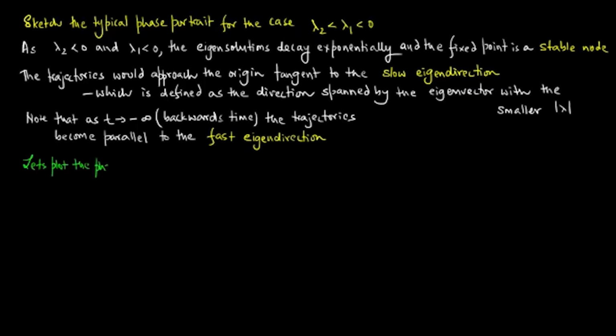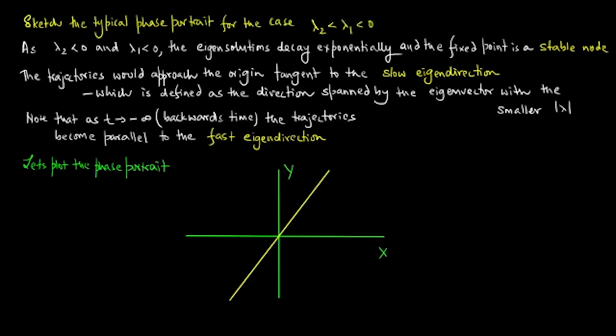So now let's plot the typical phase portrait. So we plot y versus x. We highlight the slow eigendirection. Then we highlight the faster eigendirection.